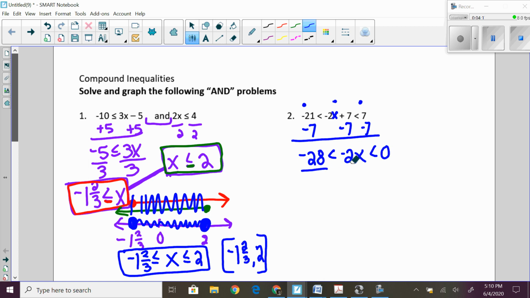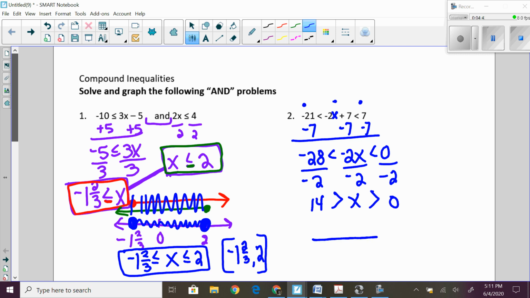And now we're going to divide by negative 2. And again, that means we have to divide everything by negative 2. Remember that when we divide by a negative, we must switch our inequality symbols. So it says 14 is bigger than x is bigger than 0.